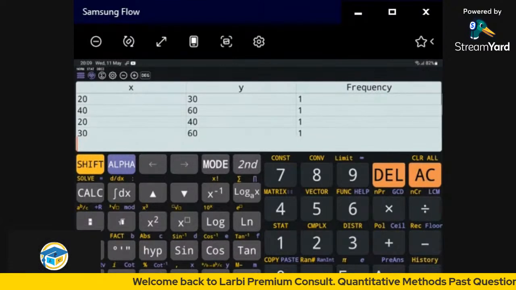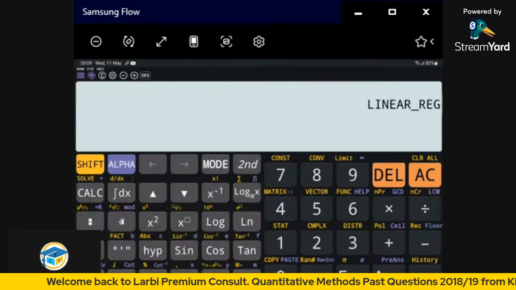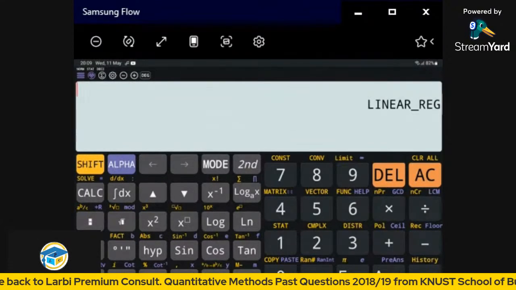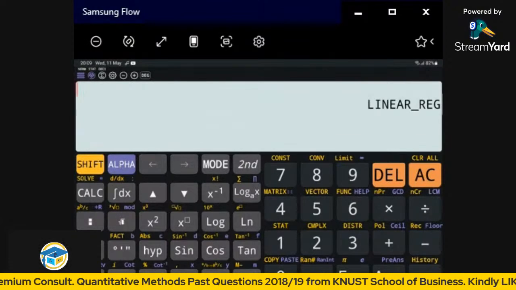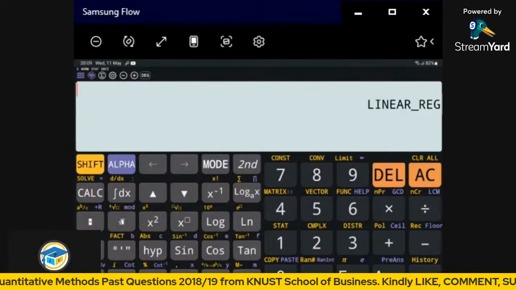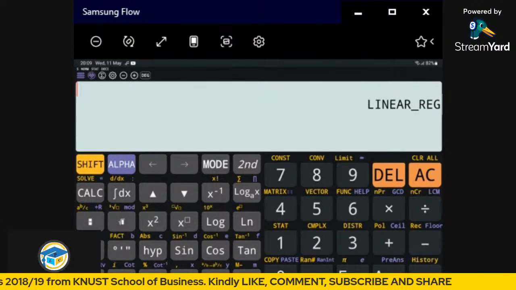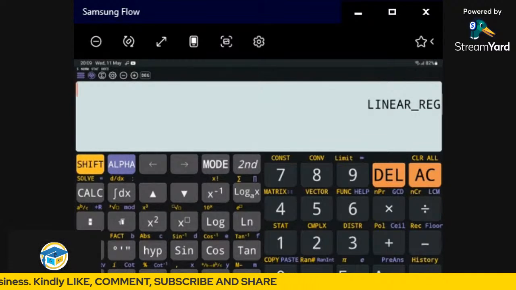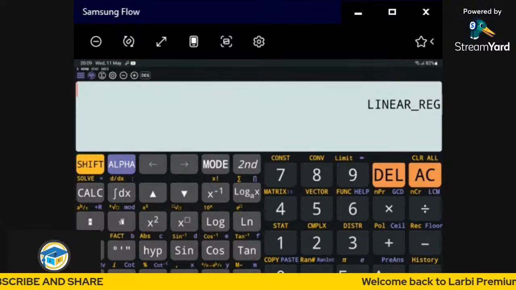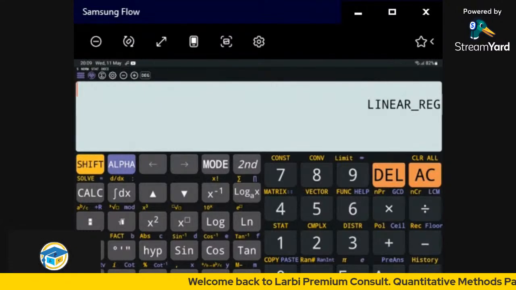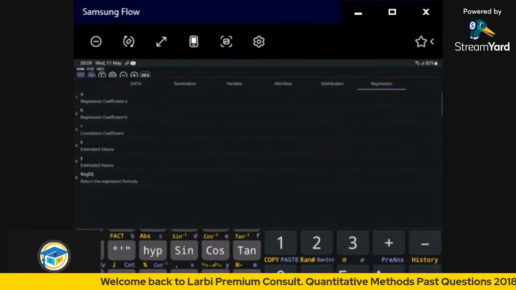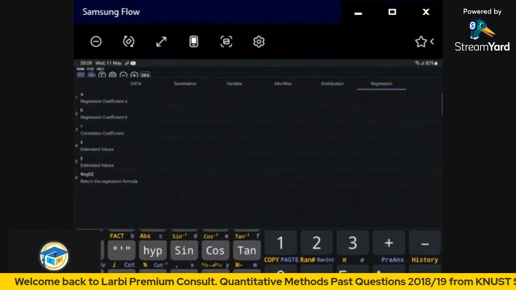Then you select shift and locate start on the buttons, which is on top of key 1. Just select shift and then start, which is 1.